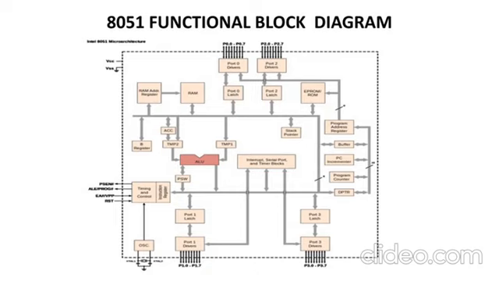Generally it is initialized at the 07H internal RAM location. Whenever I try to store a value using the stack pointer, it increments by 1 and then stores. When I try to retrieve a value, it first retrieves the value, then decrements by 1. Generally the operation goes this way.